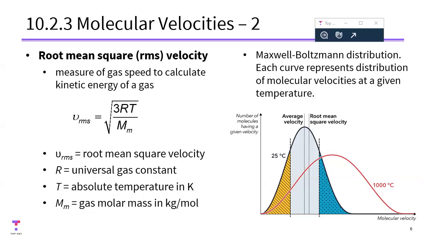Molar mass is in the denominator of this equation. As part of the denominator, we know that it's actually inversely related to that root mean square velocity. So what does this mean if we're comparing gases? Well, it means that if I have a heavy gas, it's going to move slower than a lighter gas.